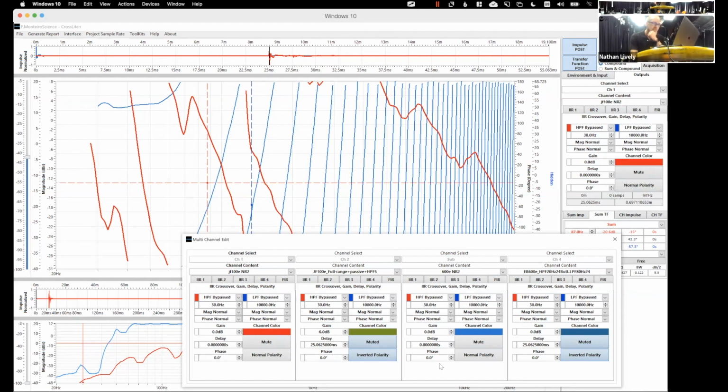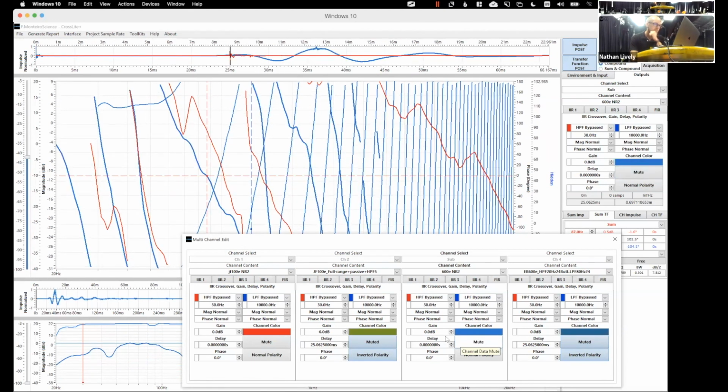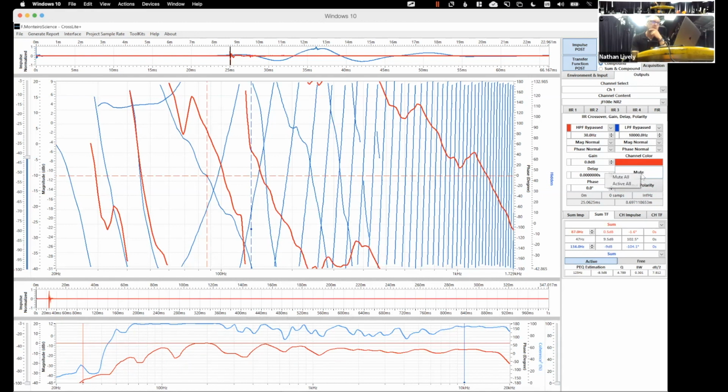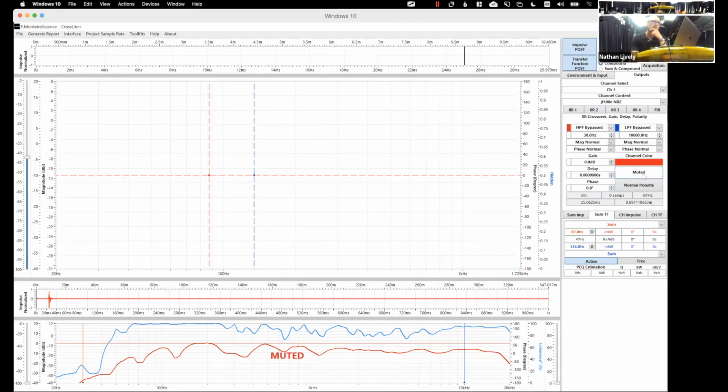Did anybody see what I did wrong? All of a sudden our sub is not in the right place. What about the gain? Looks like the gains all match. Close this for a second. I'll just go through here one by one. So mute all.